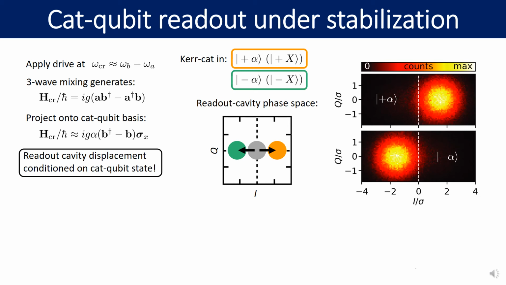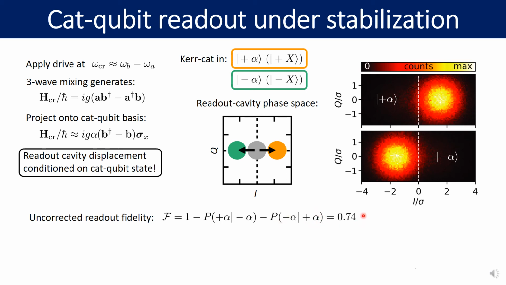And that means if we just do a single measurement and it falls to the right of this line, we can say, oh, it was in plus alpha. If it's on the left of this line, we can say it was in minus alpha. This also allows us to quantify the fidelity of our measurement. And we define the uncorrected readout fidelity as 1 minus the probability of having tried to initialize in minus alpha but measure in plus alpha, minus the complementary probability.